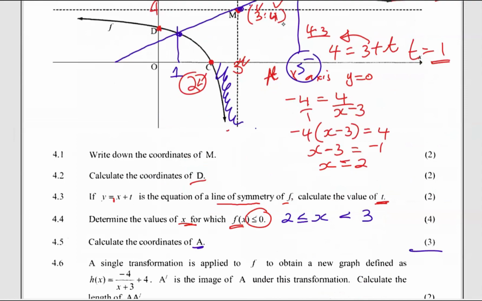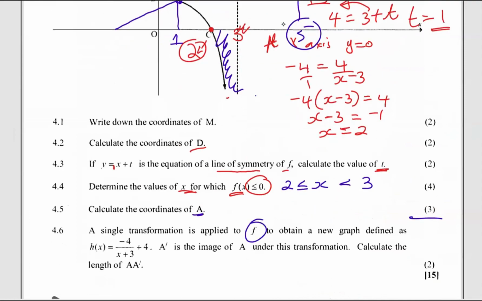Then a single transformation is applied to F to obtain a new graph as shown below. Okay. So we have this H, the new graph, and then A prime is the image of A under this transformation. We need to calculate the length of A and A prime.